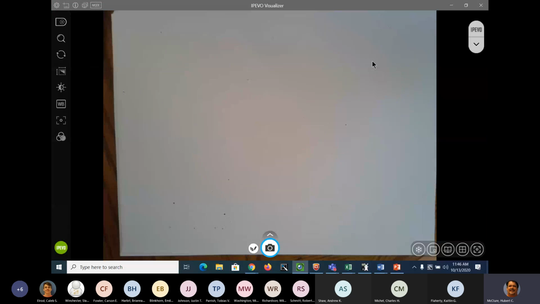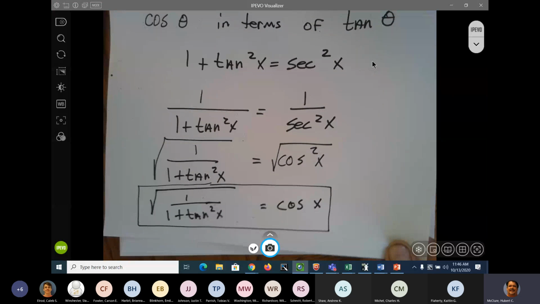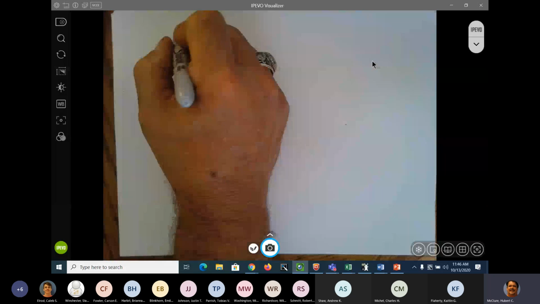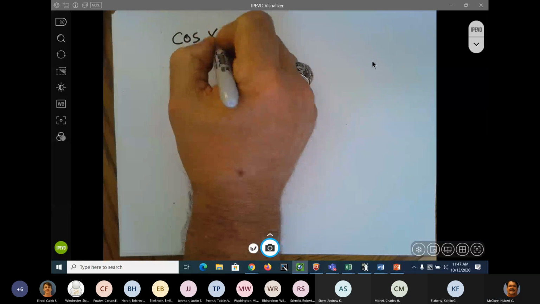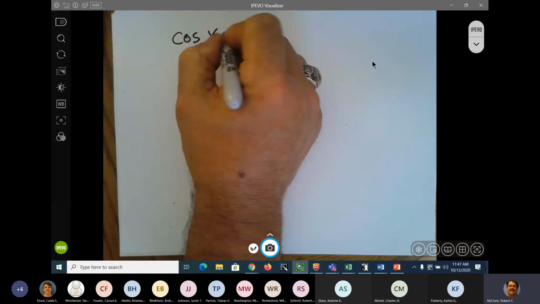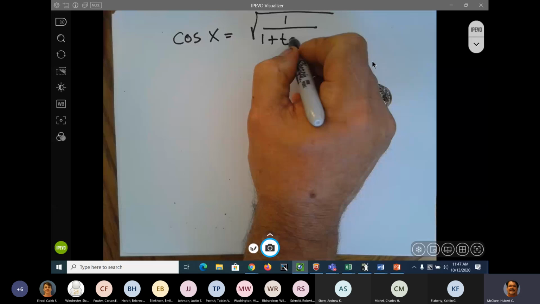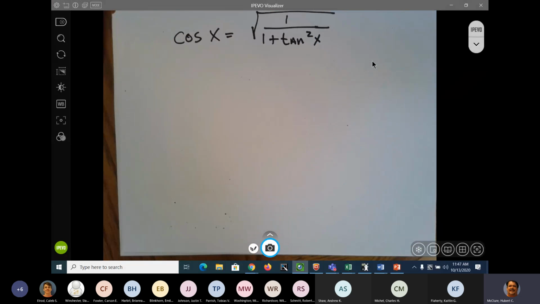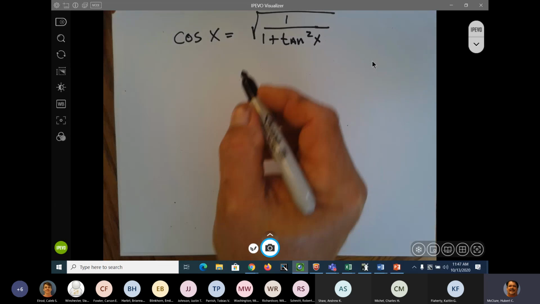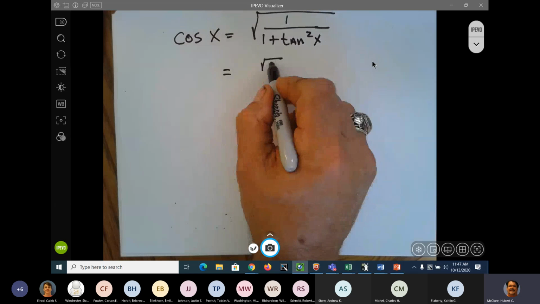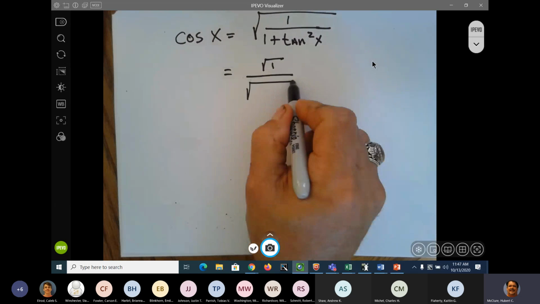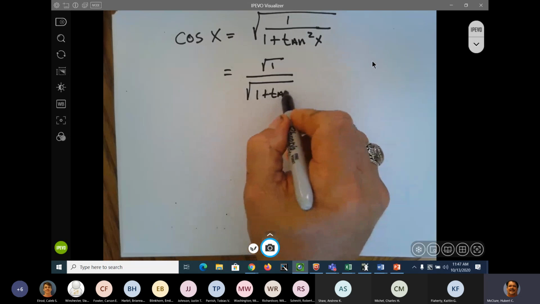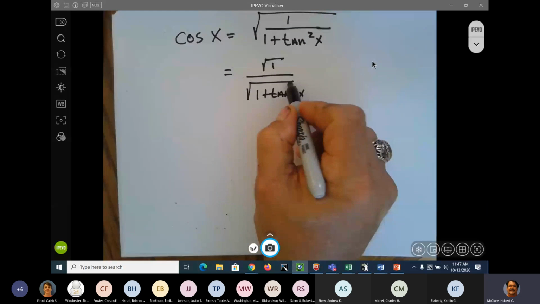So I've got right here, cosine of x is equal to the square root of 1 over 1 plus tan squared of x. I want to get rid of the radical altogether, so I'm going to take the square root of 1 over the square root of 1 plus tangent squared of x.